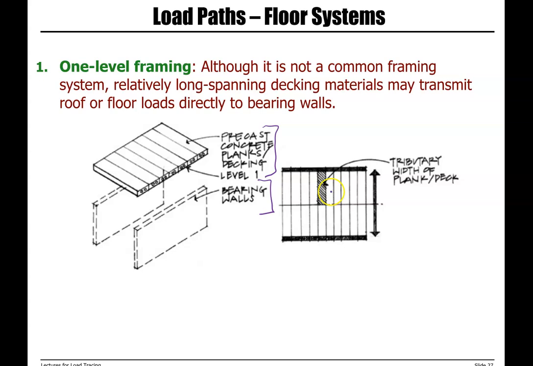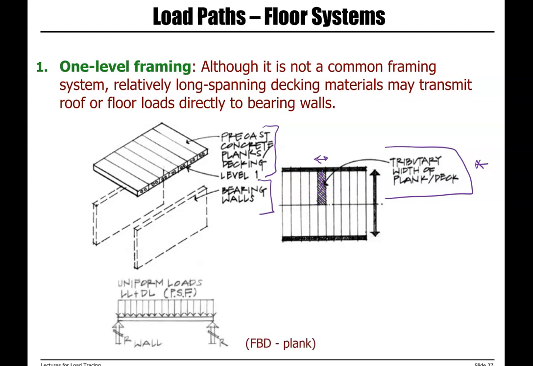In this system, the width of a plank is the tributary width. So tributary width is equal to the width of a plank. Then we can do a free body diagram for our plank.